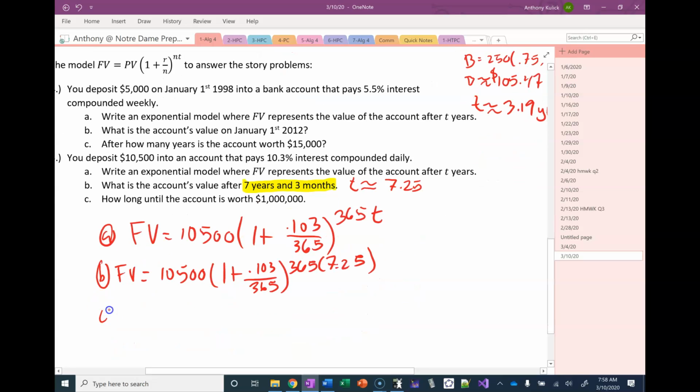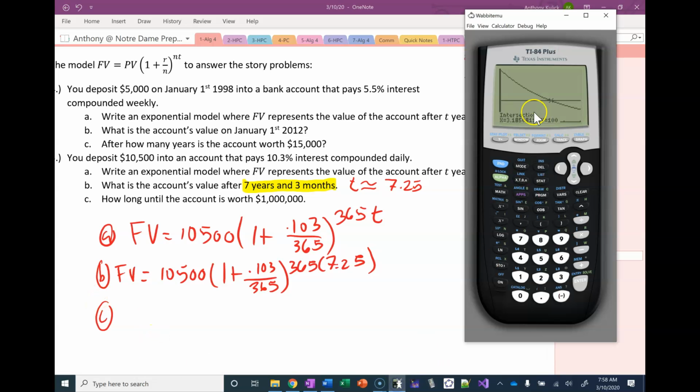Okay. And then for part C, this is a calculator problem. So my first equation, 10,500 times 1 plus 103 divided by 365, to the 365x, and then 1 million for the other.